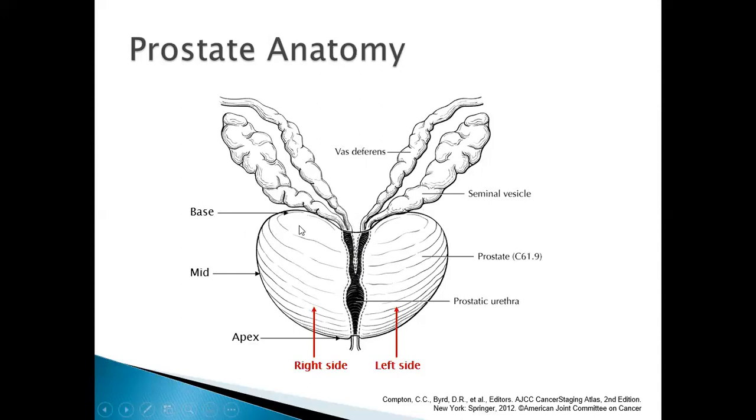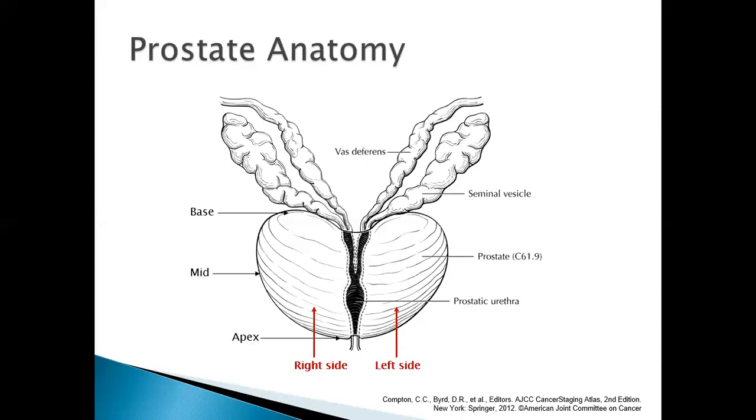I don't know about you, I think of the base as something on the bottom, so I need to always keep in mind when the urologist states where the abnormality is located. It's not so much that we have to have that information to assign the T. It doesn't matter if it's the mid, apex, or base, but it's just nice to be able to visualize that in your mind.